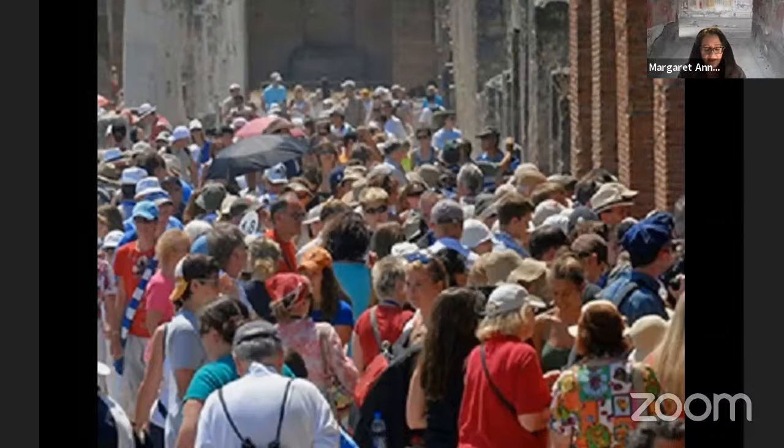Visitor impact, what's known in the anthropological world as anthropic pressures, and inadequate visitor management is at least 50% of the current issues at Pompeii.